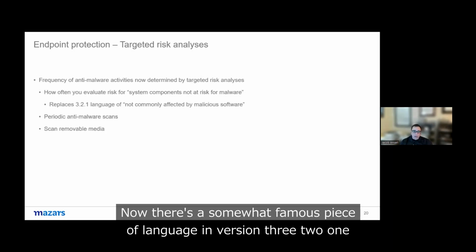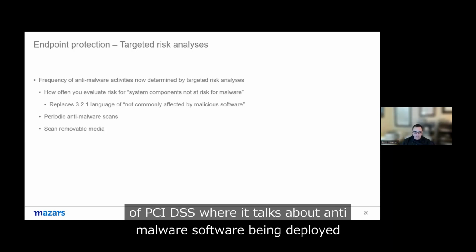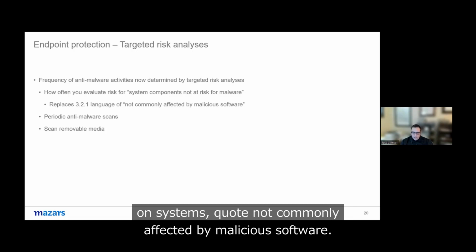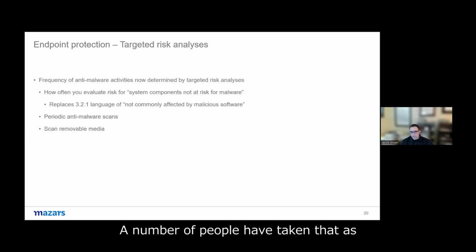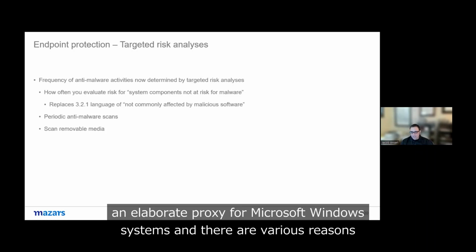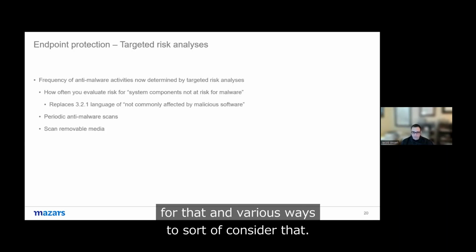Now, there's a somewhat famous piece of language in version 3.2.1 of PCI DSS where it talks about anti-malware software being deployed on systems, quote, not commonly affected by malicious software. A number of people have taken that as an elaborate proxy for Microsoft Windows systems. And there are various reasons for that and various ways to sort of consider that.